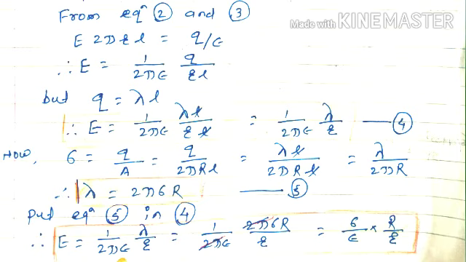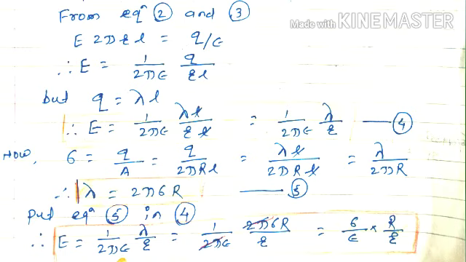Here the surface charge density is sigma equals charge upon area, which equals Q upon 2 pi capital R into L, where capital R is the radius of the conducting wire, which equals lambda small l upon 2 pi capital R small l.